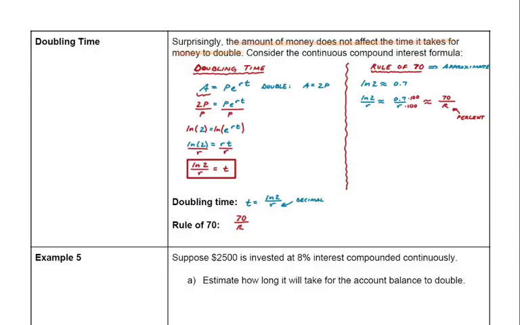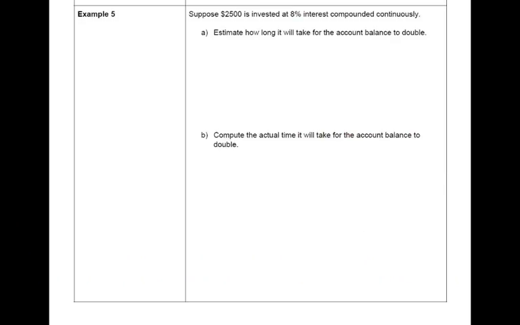So this next and last example will show you that. Consider we had $2,500 invested at 8% compounded continuously. For part A, it says estimate how long it'll take for the account to double. That means use the rule of 70. So here would be the setup: I'd take 70 divided by my rate as a percent.